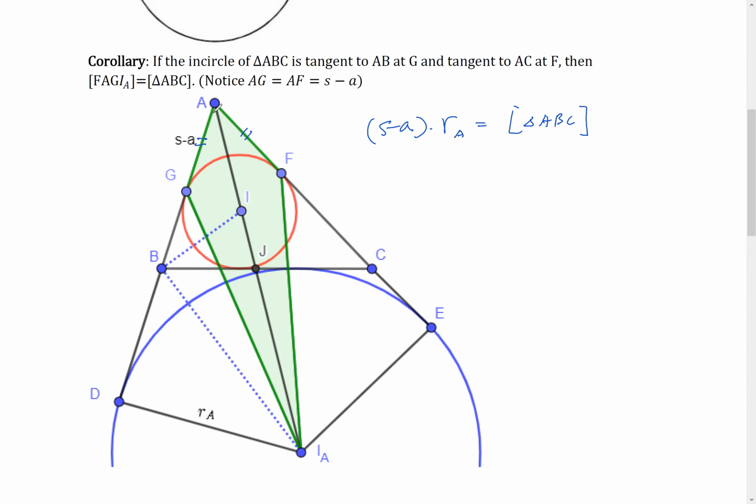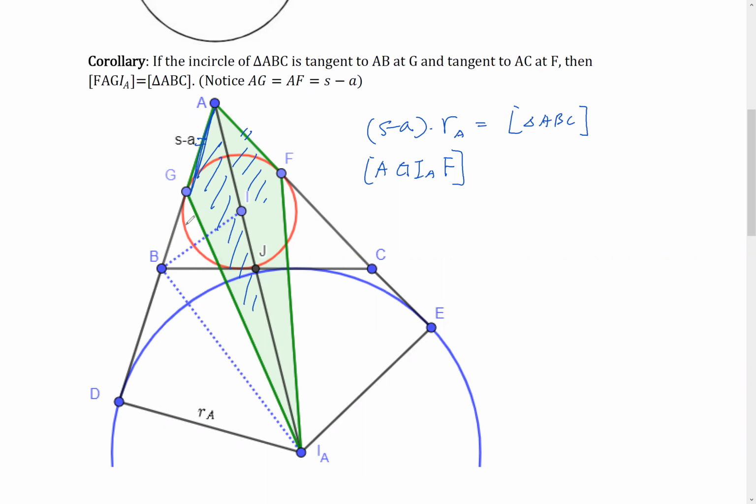This green quadrilateral AGIAF, its area, if you think about it, what's the green one's area? It's this base times this height divided by two, which is this triangle. But then left and right, they are congruent, so multiply by 2. So that's exactly what we're going to get.